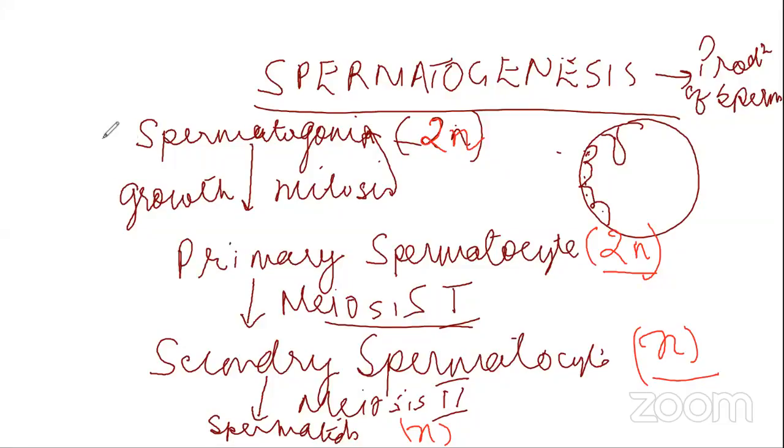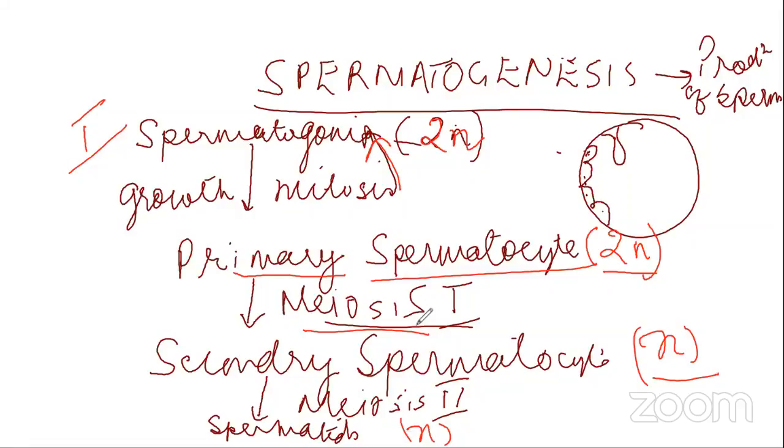Step 1 is where spermatogonia undergo mitosis to increase their numbers, and multiple spermatogonia are produced. Some of these spermatogonia show growth, and they are called primary spermatocytes. Primary spermatocytes are diploid, that is, they contain 46 chromosomes, and they undergo meiosis 1, which is a reductional division, and form secondary spermatocytes. And secondary spermatocytes further complete meiosis 2, and now they are called spermatids.